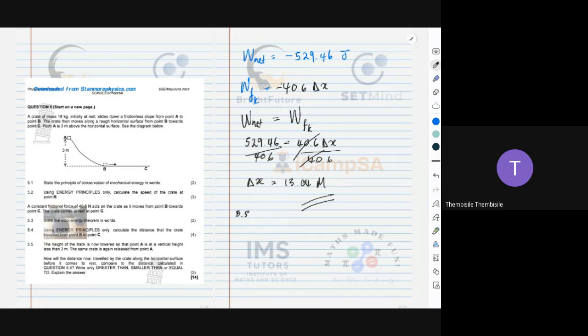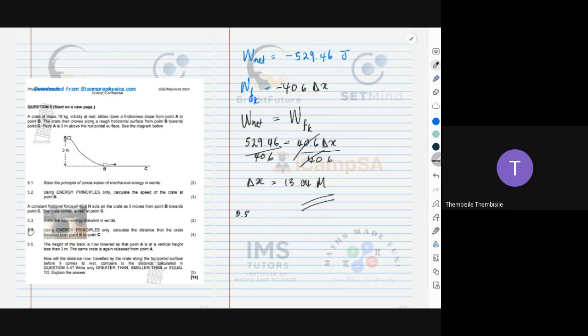Then the same crate is now released, right? So how will the distance now traveled by the crate along the horizontal surface before it comes to rest compare to the distance we just calculated?